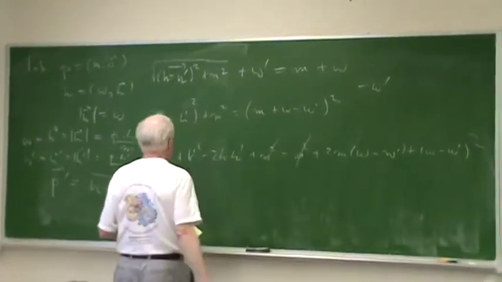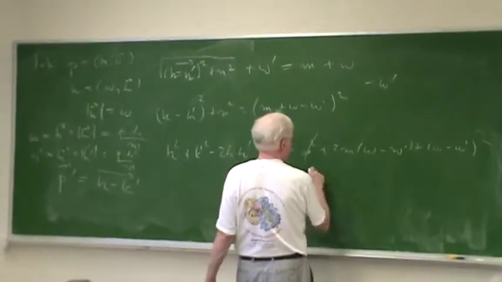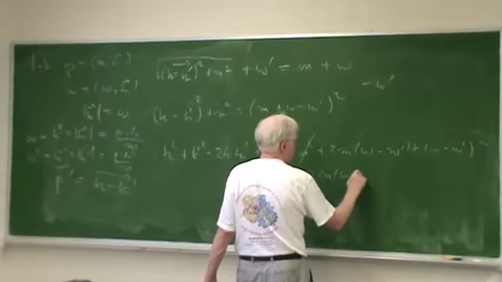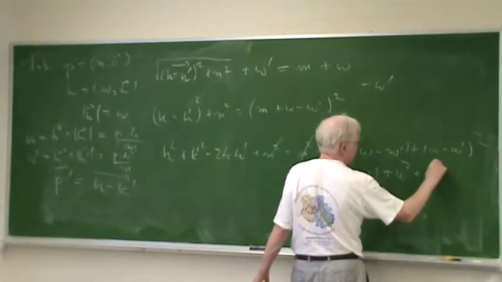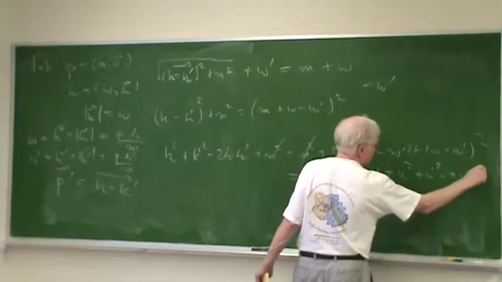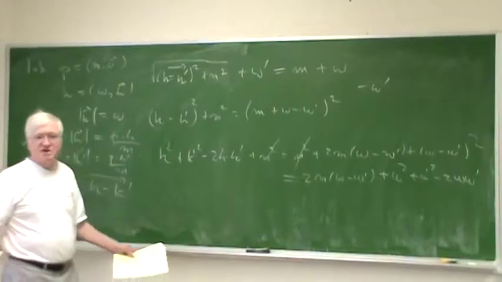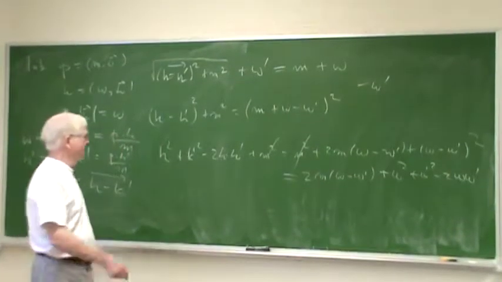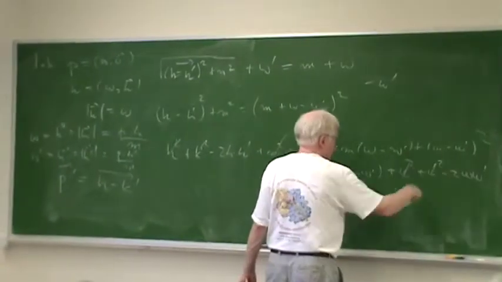These m squareds cancel. The rest of the right-hand side is 2m times omega minus omega prime plus omega squared plus omega prime squared minus 2 omega omega prime. Well, the beauty of natural units is that omega squared is k squared, and omega prime squared is k prime squared.